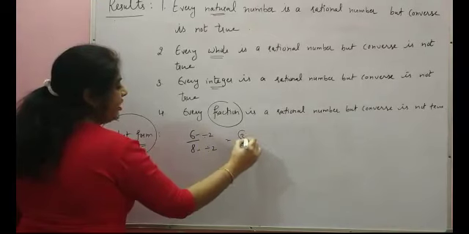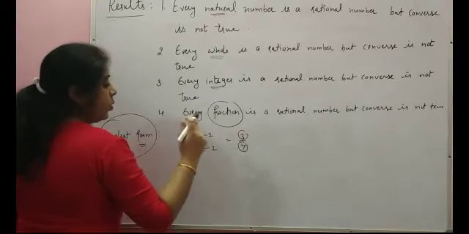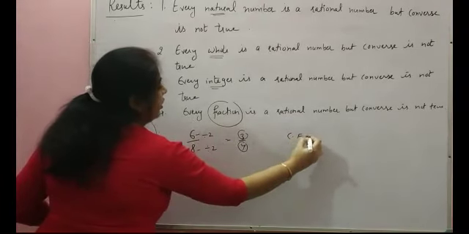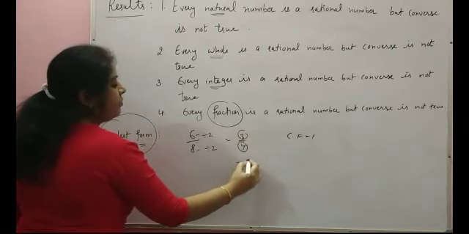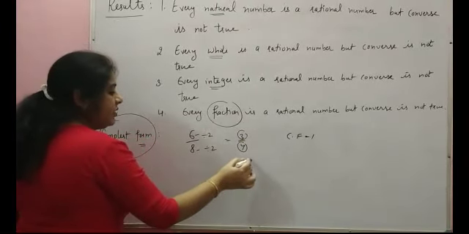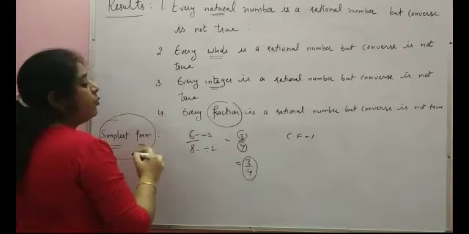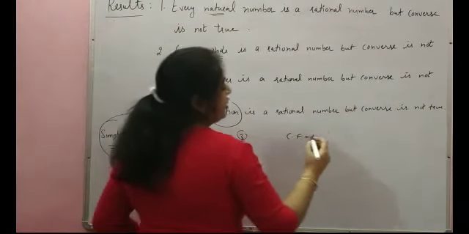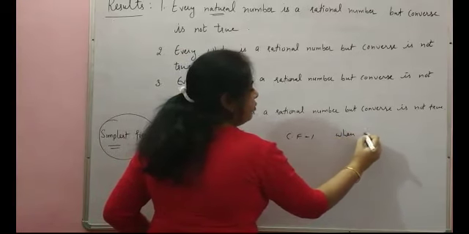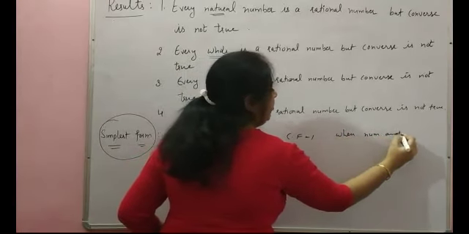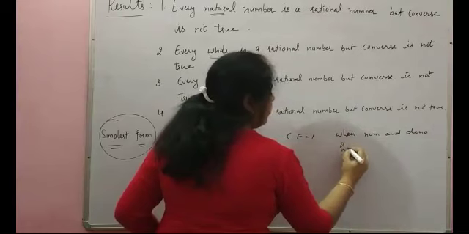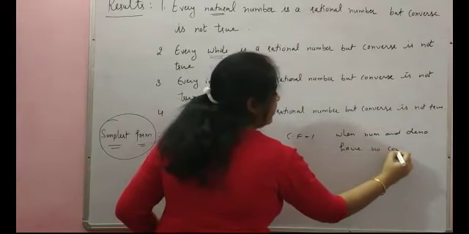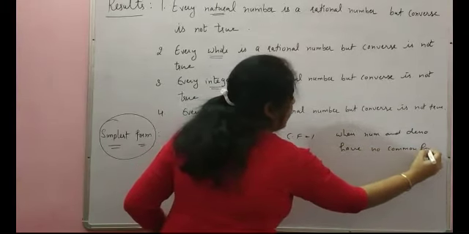Now 3 and 4 both have the common factor 1 only. So it means they never come in another table. So this is called the simplest form of the rational number. So what is the simplest form of a rational number? When numerator and denominator have no common factor other than 1.